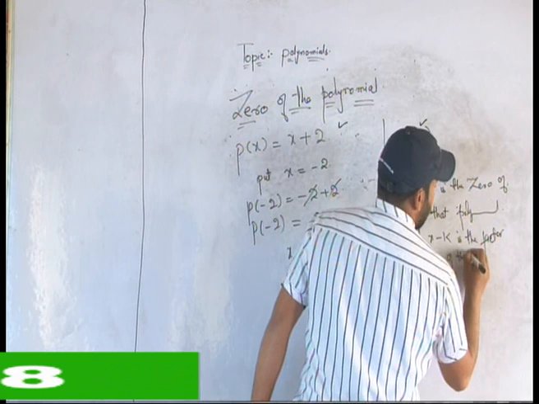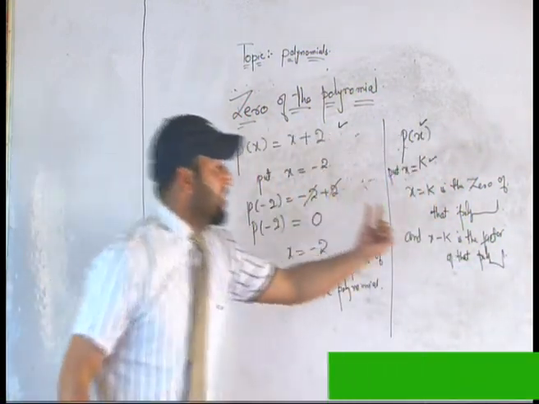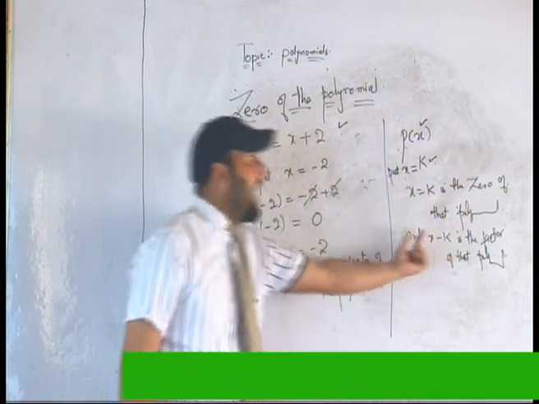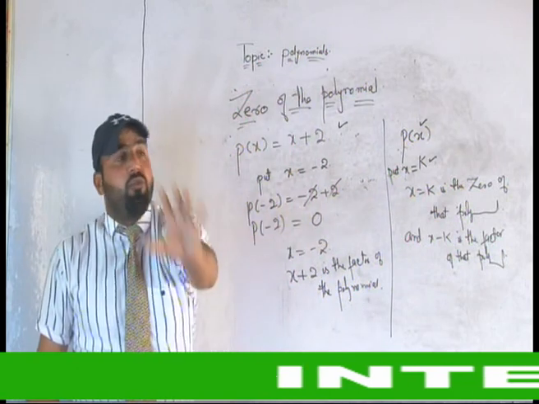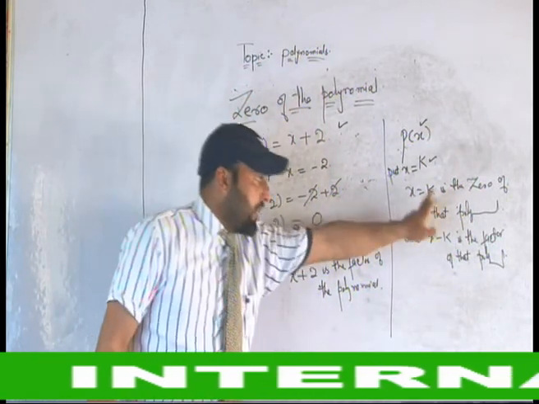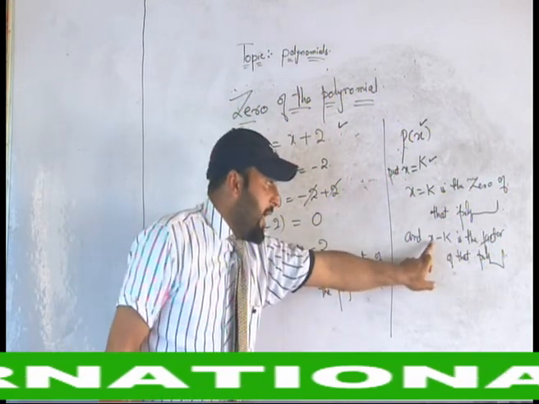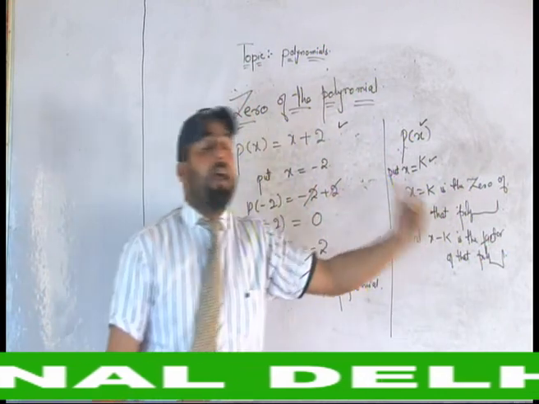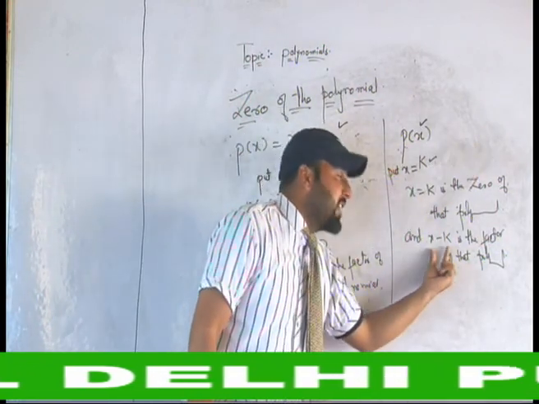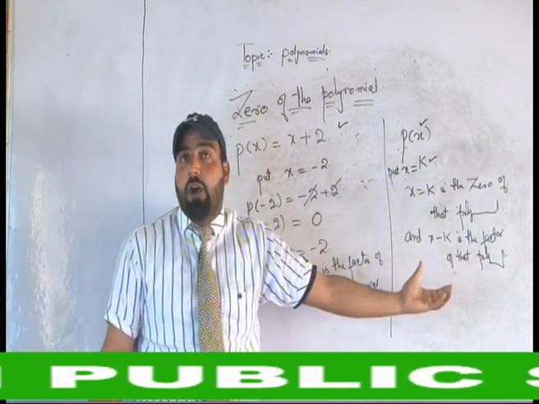That is, if you substitute the value of k in this polynomial, the value of this polynomial will be 0. So k is referred to as the zero of the polynomial, and x minus k will be the factor of that polynomial. If you divide that polynomial by x minus k, the remainder will be 0. So this will be the factor of that polynomial.